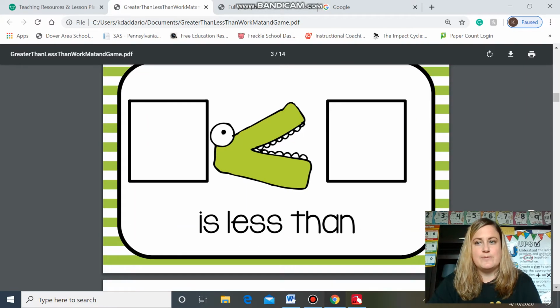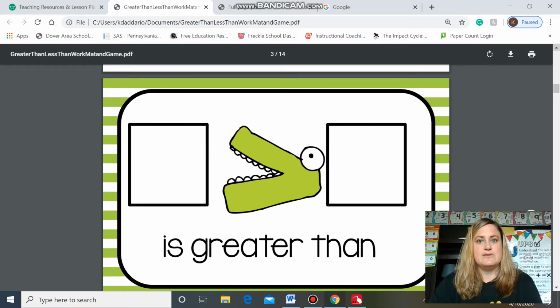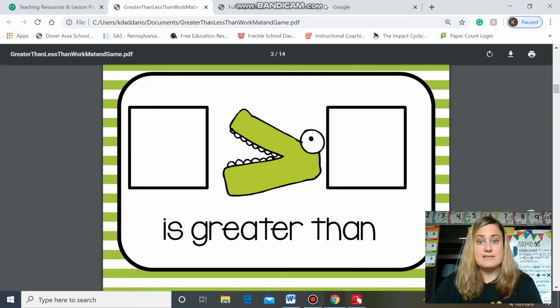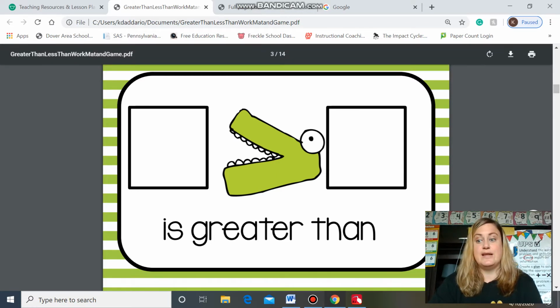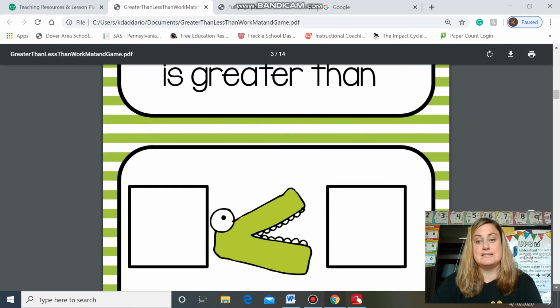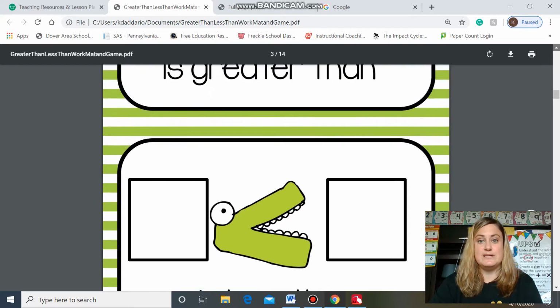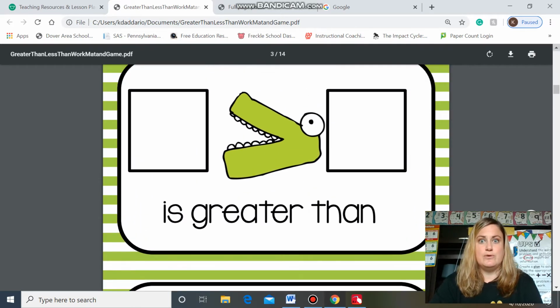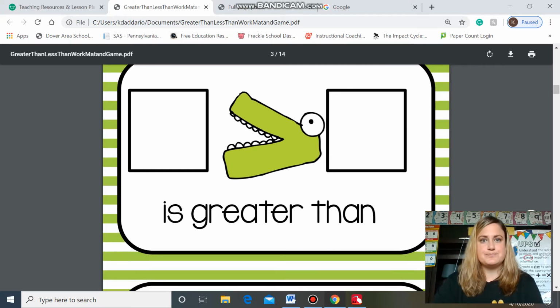We can use the alligator mouth, and then I'm also going to show you another trick to tell the difference between the greater than and the less than sign, because yes, we know the alligator likes to eat the bigger number, but we also need to remember which sign is the greater than or which sign is the less than. When we compare numbers, we need to be able to use those big words to compare the numbers, and we'll do some practice.